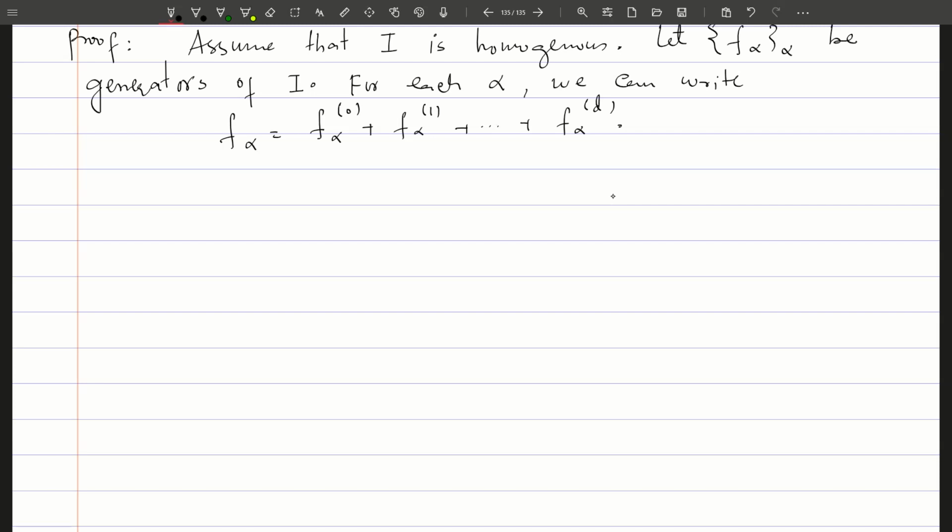But it is given that I is homogeneous, so each homogeneous component of f alpha is actually in the ideal. So f alpha i is inside I for all i equal 0 up to d. The reason is that I is a homogeneous ideal.